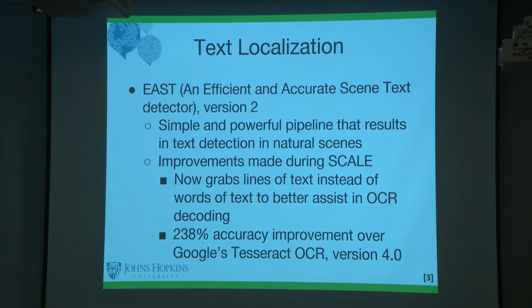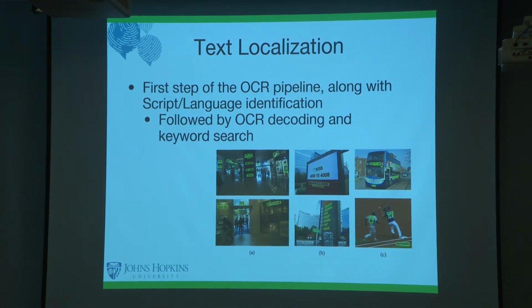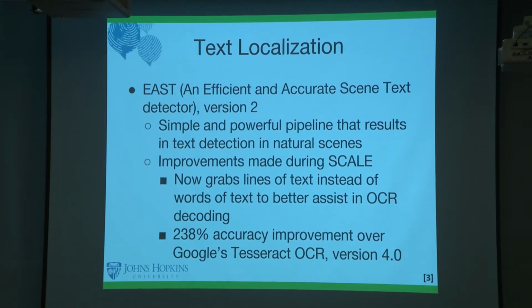Some of the improvements we made during SCALE, these 9 to 10 weeks, upon EAST and upon Google Tesseract, were making it able to grab lines of text instead of words of text. As you can see, if I go back to this image here, EAST grabs words of text, but our improvements upon EAST grab lines of text so that it makes it easier for the OCR decoder to work.